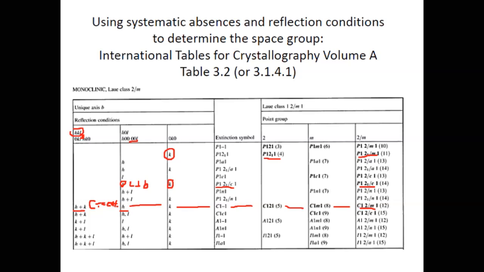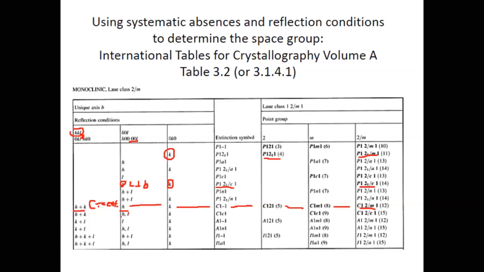Now if we go to C2 upon C, there we have a C-glide perpendicular to B. If we look at the H0L where H is odd, that would tell us we have a glide perpendicular to B, but that doesn't make sense. Again, the H0L where H is odd, or the H00 where H is odd, is just an artifact of the original reflection condition.